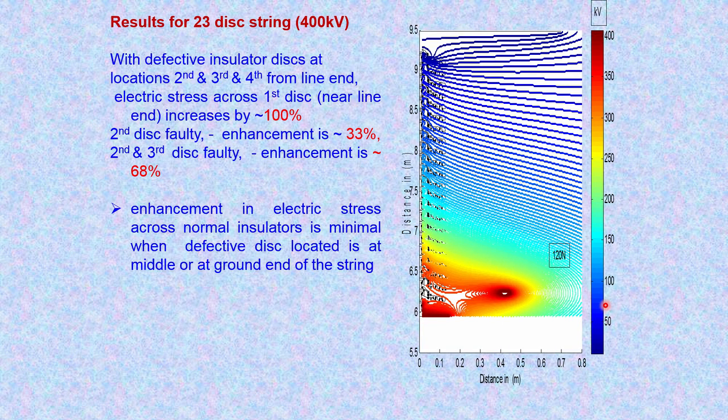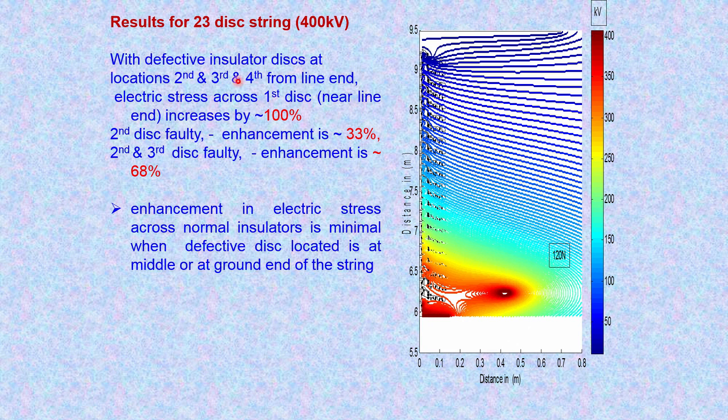This gives an idea for a 400 kV system, as in the earlier results. In case there are defective insulators at these locations, say this is the high voltage end and these are all the insulators, this gives an equipotential plot arrangement here. The red indications are the corona control rings and other accessories connected near the line end. This line end shows the insulator string is at a particular height of 6 to 7 meters, which has been considered for simulation.